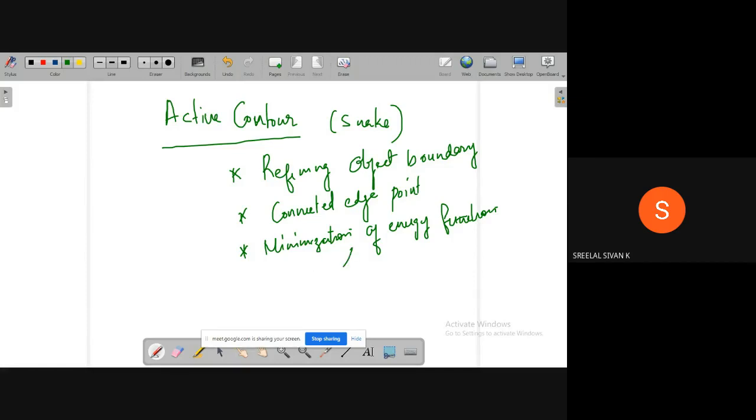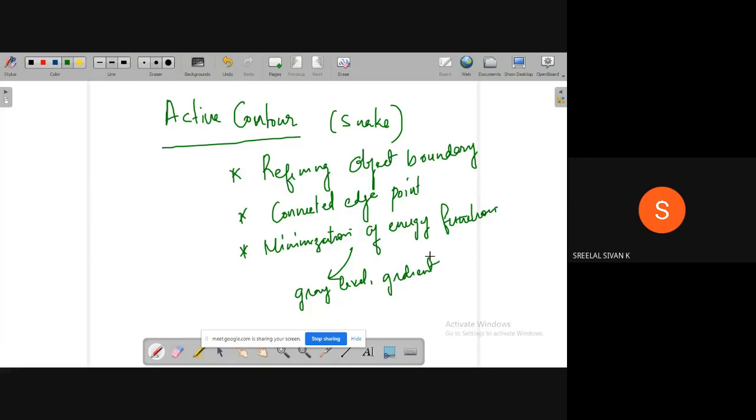So this energy function includes local properties of that particular image or object. That means gray level value, gradient. We'll consider gray level value or intensity level, and gradient of those pixels. So those factors will be considered for refinement of the object, and will be used to define a function.